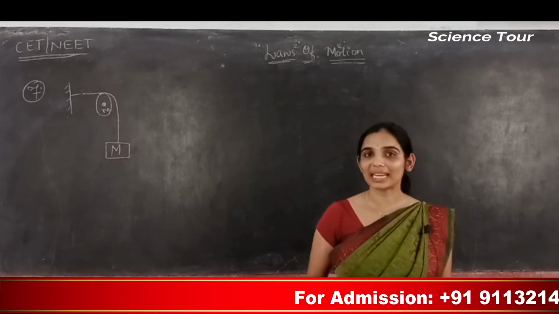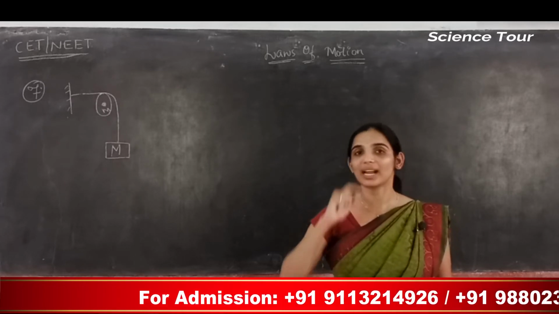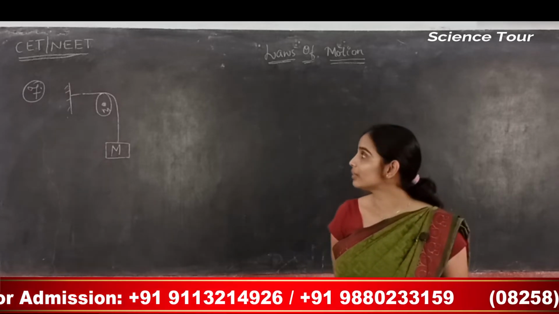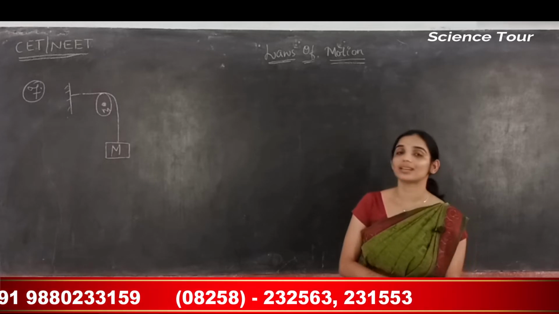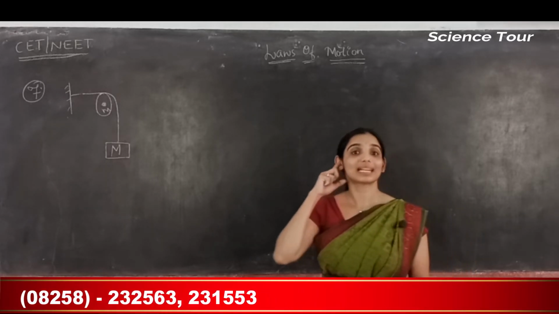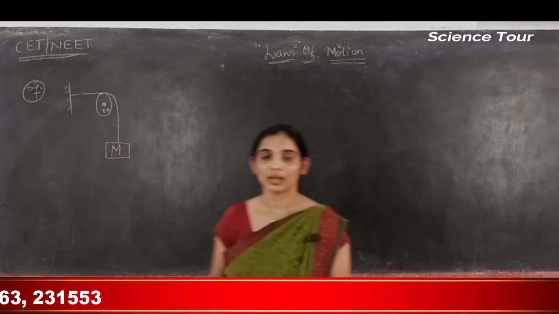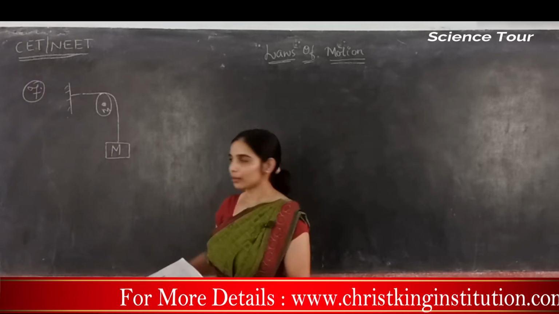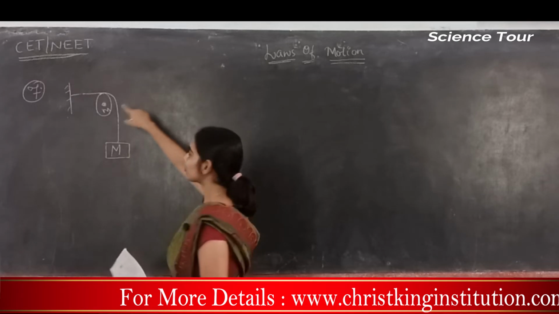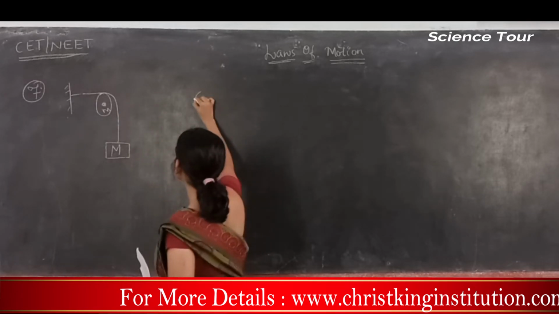So far we have calculated the tension acting on the string and acceleration. We never dealt with concepts like forces acting on the pulley. So if you are focusing only on the pulley, if you draw the free body diagram of the pulley, how does it look?